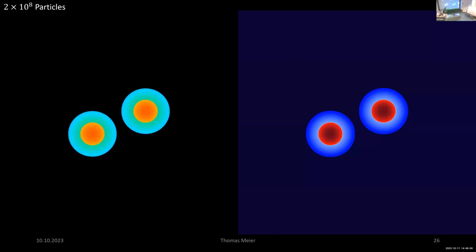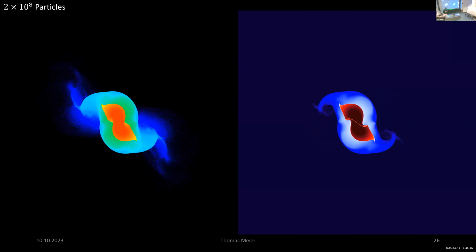On the left side you have again the same style of figure as before, a projection of the density, where what you see is the maximum value in this direction. And on this side, a slice through the center of the simulation, a really thin slice, so that we can see more of the structure there.